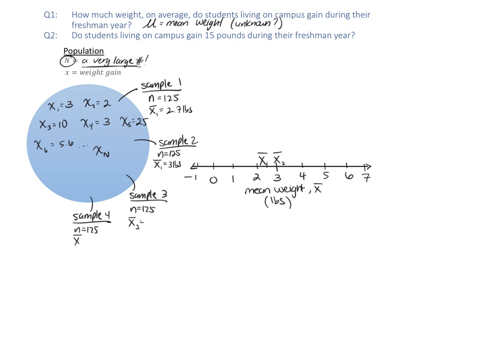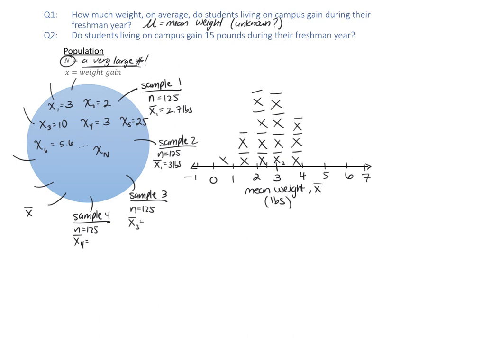So I'm not going to do this forever, but I want you to imagine I take lots and lots of samples from the population, all of the same size. And every time I do that, I get an X bar value. That X bar value could be the same as another sample's X bar value, or it could be completely different. But the whole idea behind a sampling distribution when we're looking at sample means is that when we plot all of these X bar values, let me just draw a couple of examples of what that plot would look like.